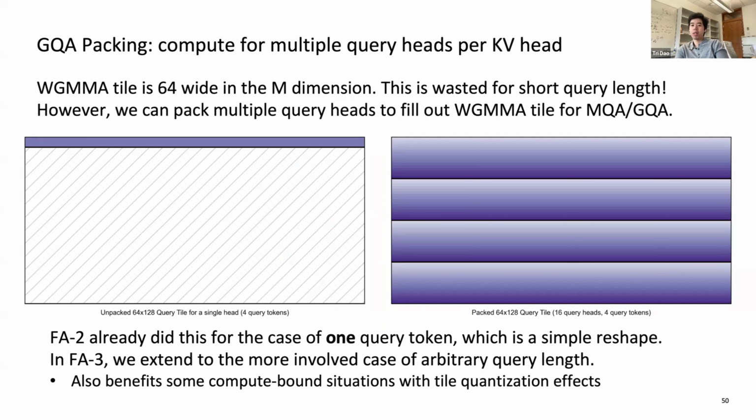So what matters is, for each KV you load in, how many queries does it multiply with? If it's only multiplied with one query, then yes, the flops is so small that it's going to be memory bound. But if it's multiplied with like 64 queries, 128 queries, then it can actually become compute bound.